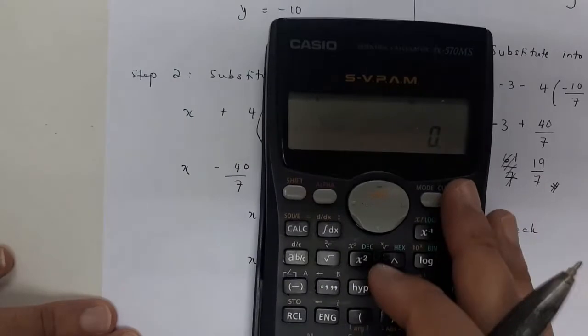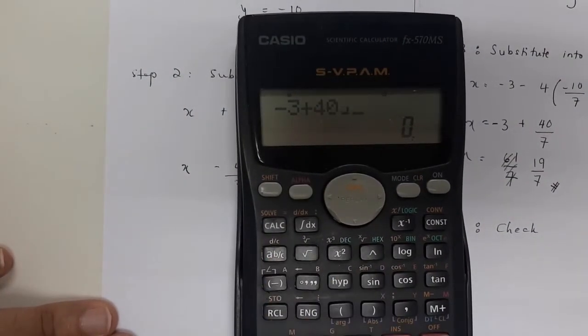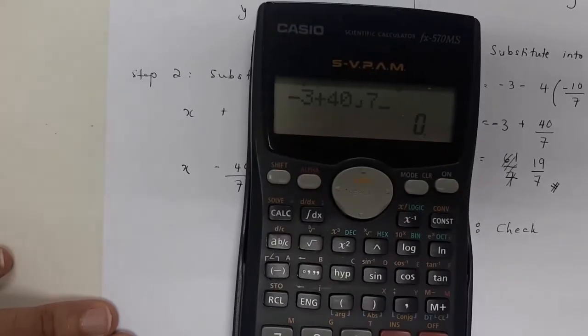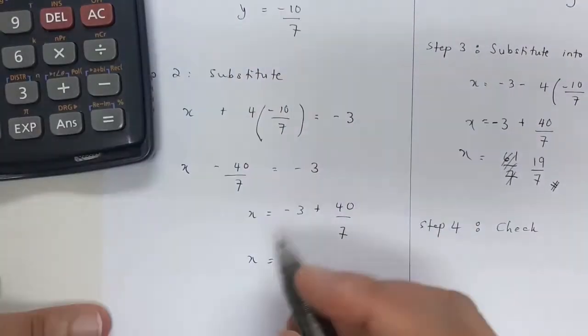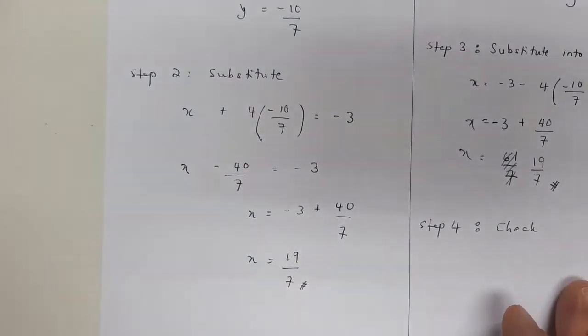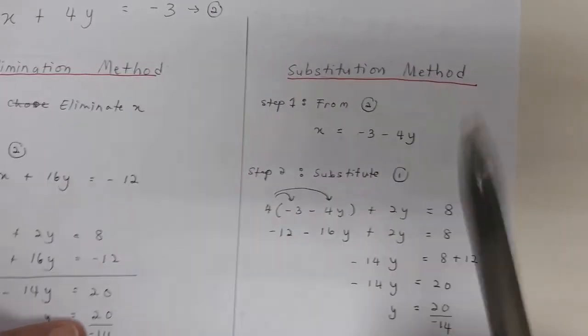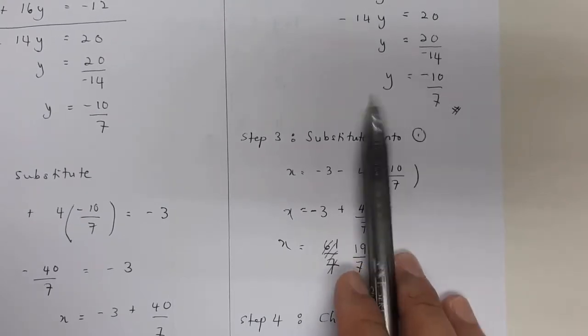Okay, here you can use your calculator. Negative 3 plus 40 over 7 will equal 19 over 7. So, using the substitution method, we get y equal negative 10 over 7.